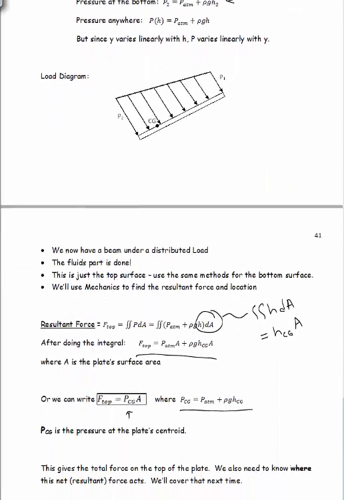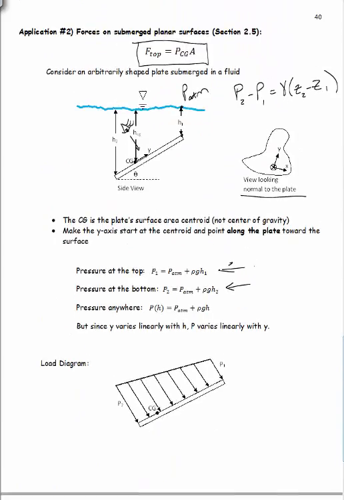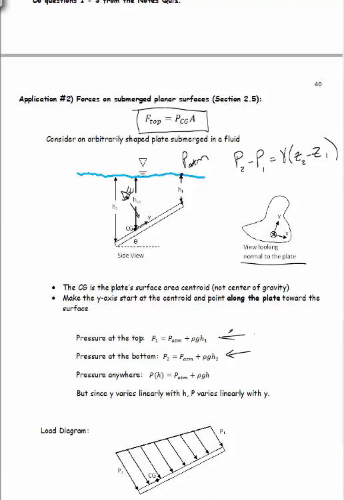So if you can find P at that center of gravity, that centroid, then you're good. Also remember, the other thing that people forget: when you're finding that centroid, look normal to the plate. Don't look at it from this direction or from the top. You've got to look normal to the plate when you find that centroid.